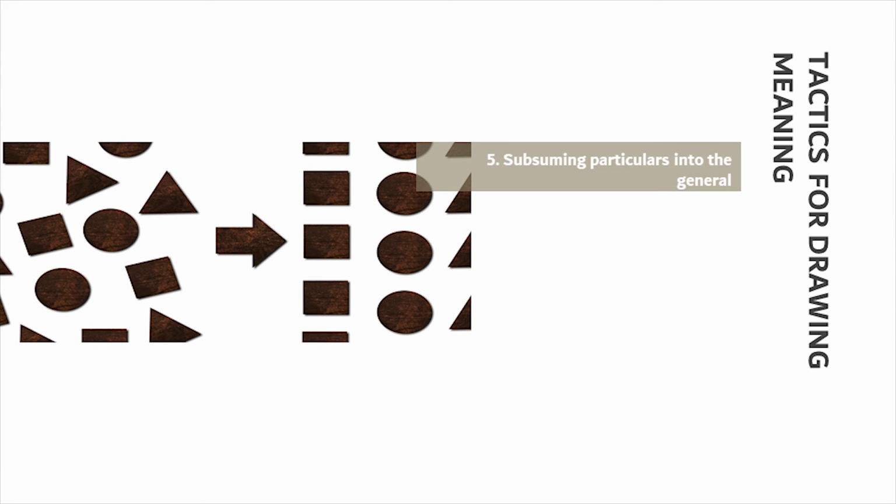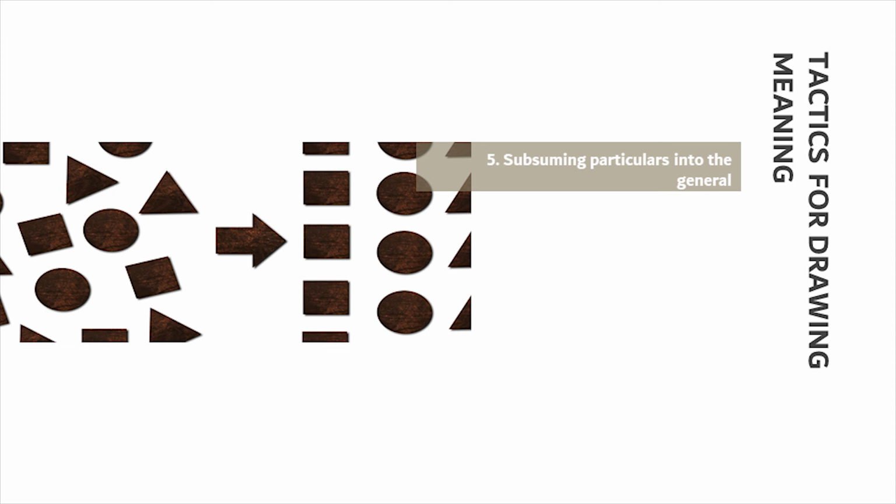5. Subsuming particulars into the general. In this tactic, the researcher categorizes a particular action, event, participant, or state into a more abstractly defined class. This class may have been predefined or emerged from coding and analytic memos.